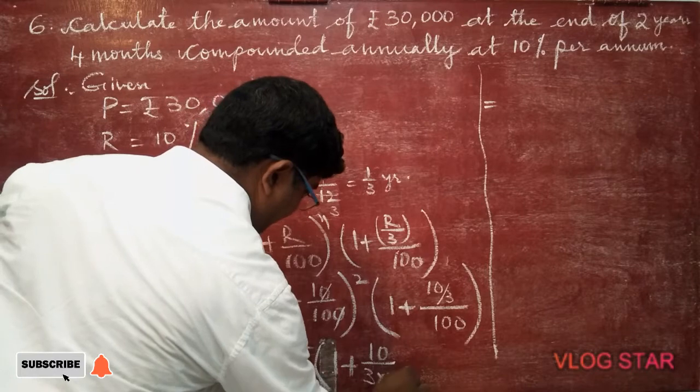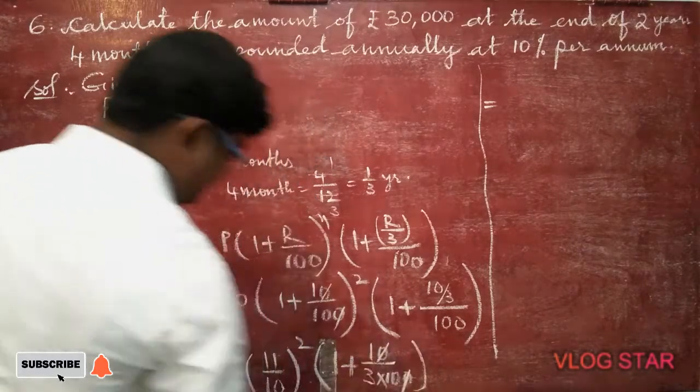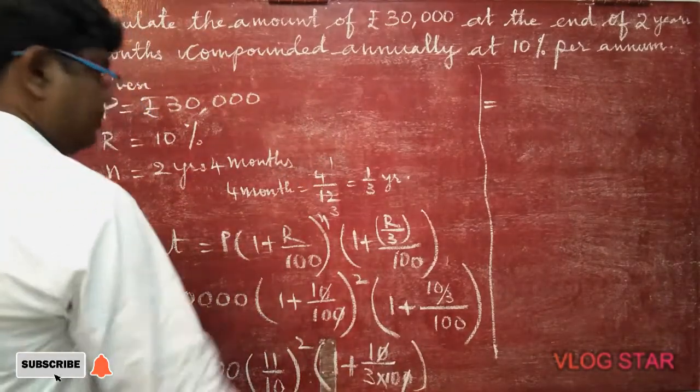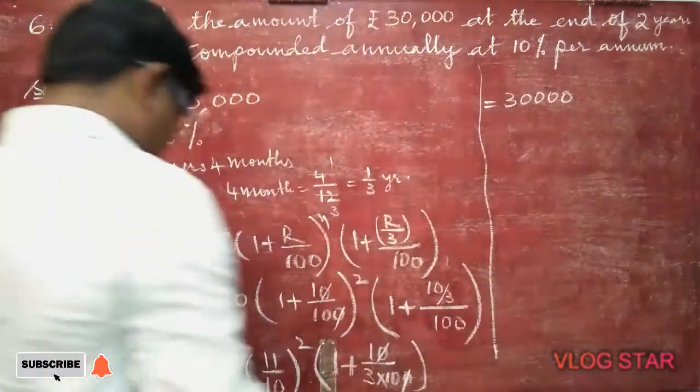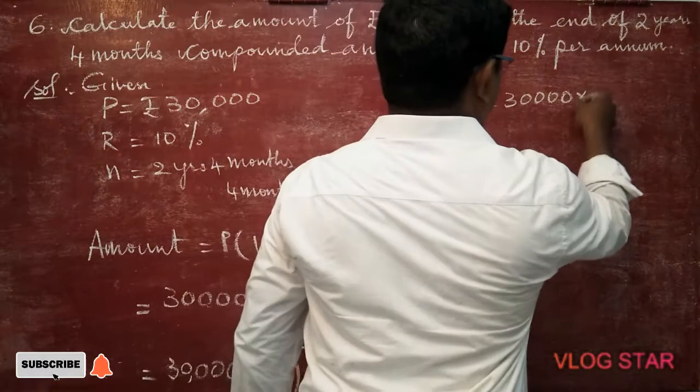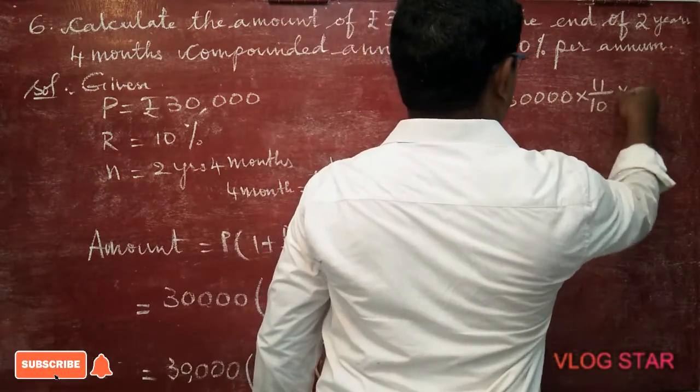The denominator comes to the denominator place. 0, 0 cancel. So 30,000 into 11 by 10 into 11 by 10.